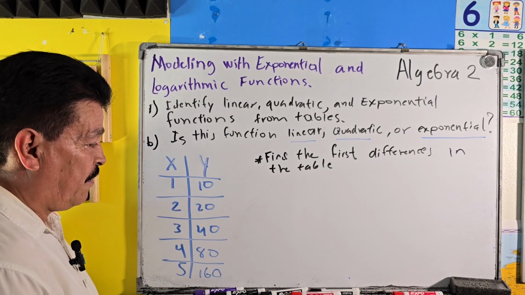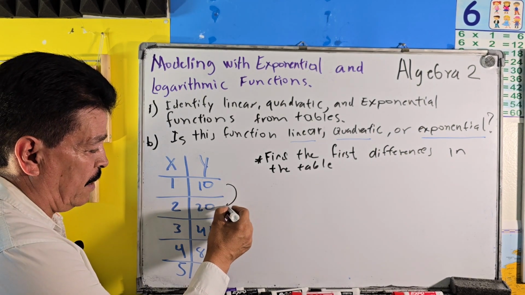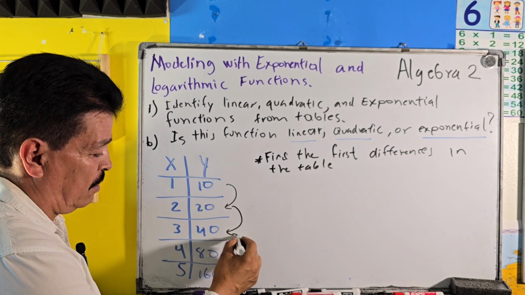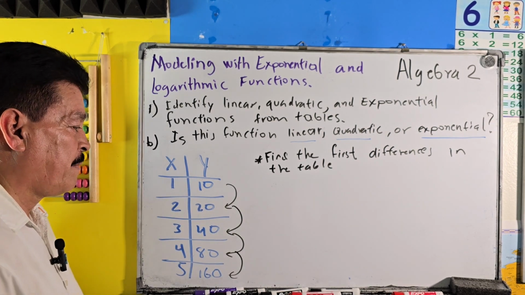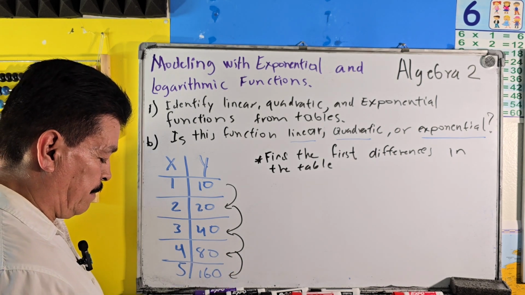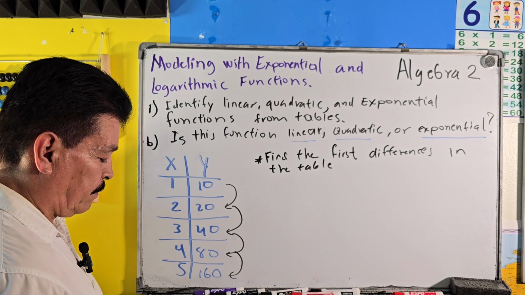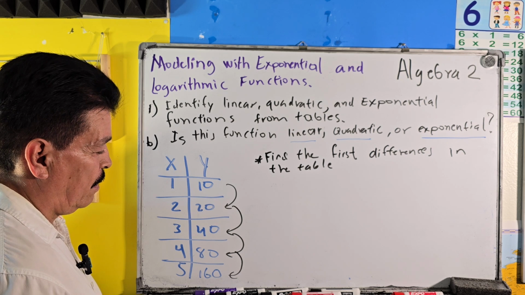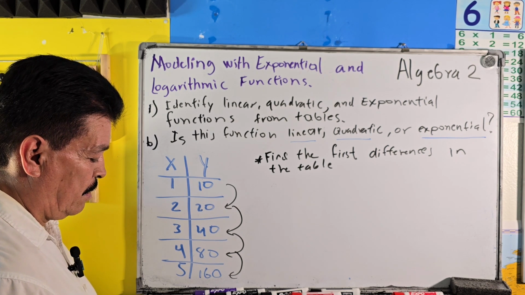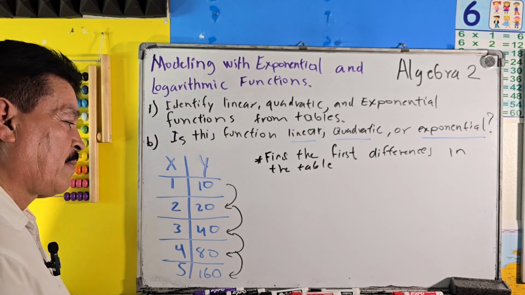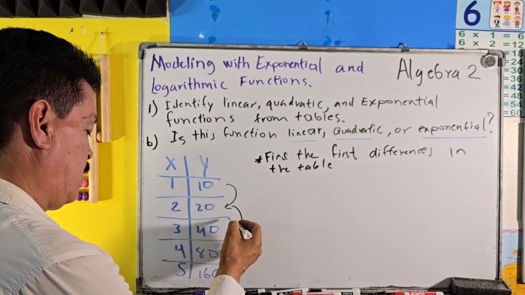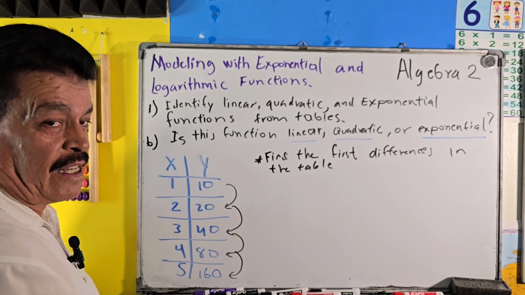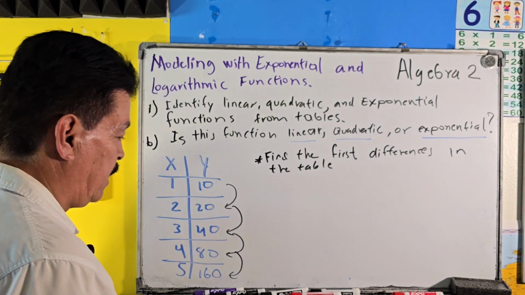We have to find the difference from here through here. 10 plus 10 is 20, so we add.